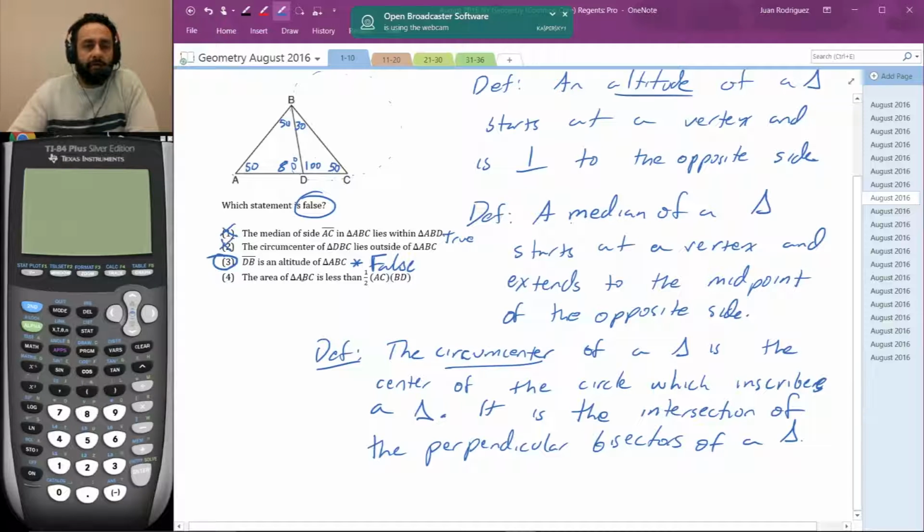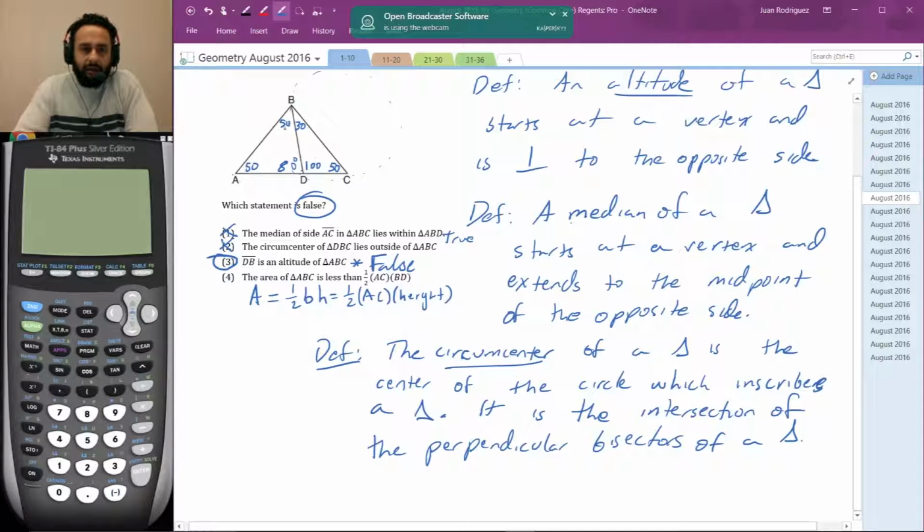This one: the area of triangle ABC is less than 1/2 of AC times BD. AC is here, BD is here. Now I know the area is 1/2 base times height, which is equal to 1/2 times the base AC times the height, which is whatever it happens to be.